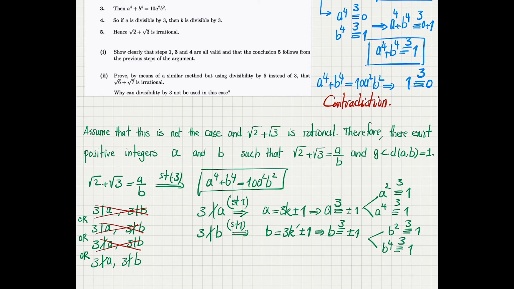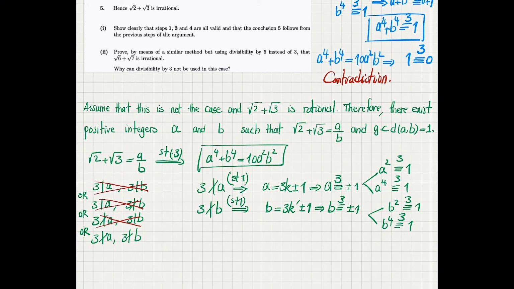Okay, but from this one and this one, if I add both sides together, I will get A to the 4 plus B to the 4 is congruent to 2 modulo 3.